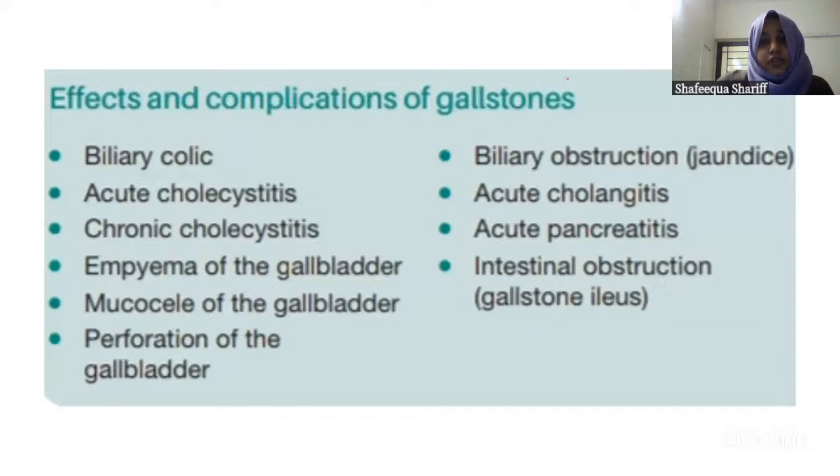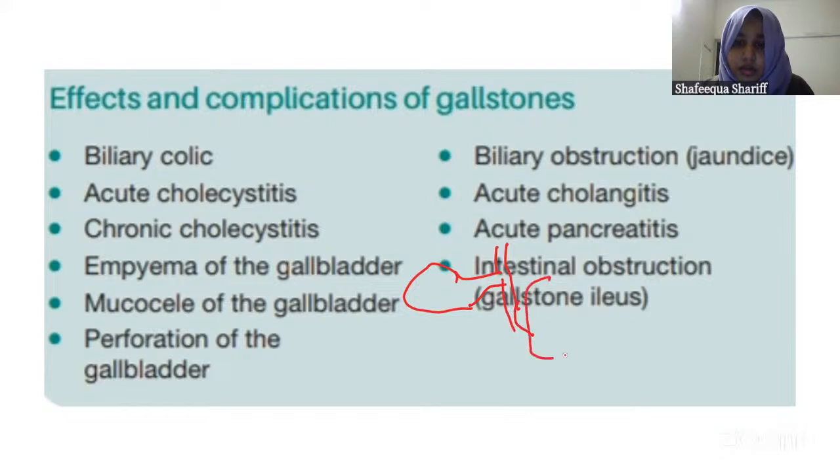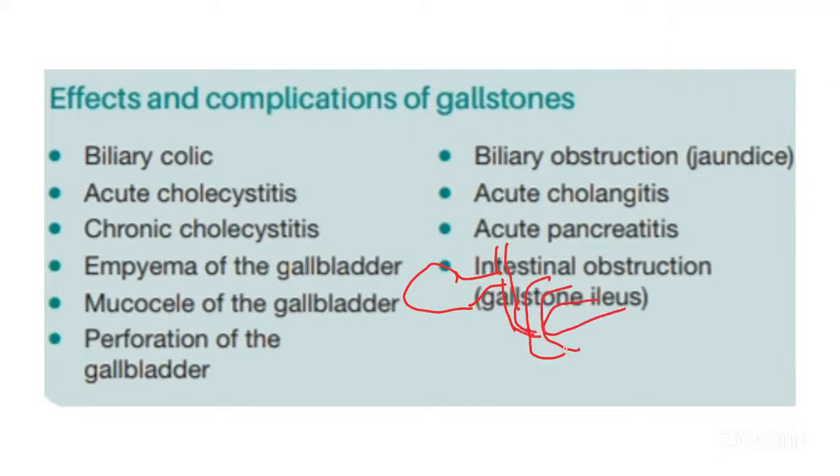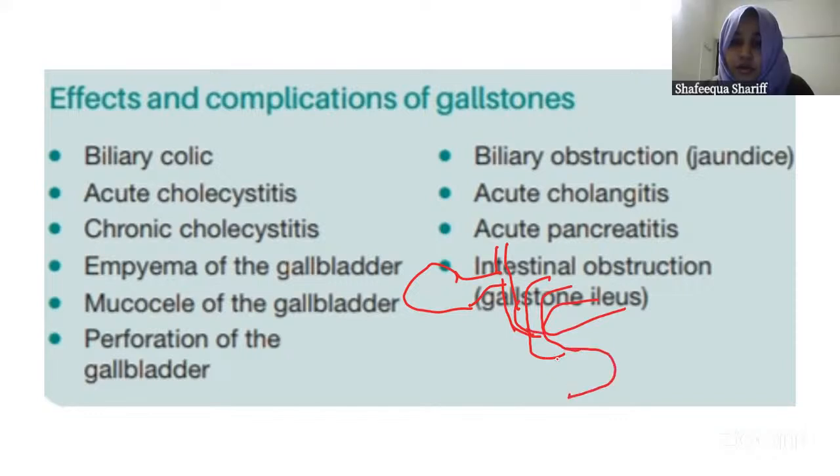So coming to the complications and effects of a gallstone. First is pain because of the biliary colic. So what happens is when we take the gallbladder this way, forgive my drawing, this goes into the duodenum, right?